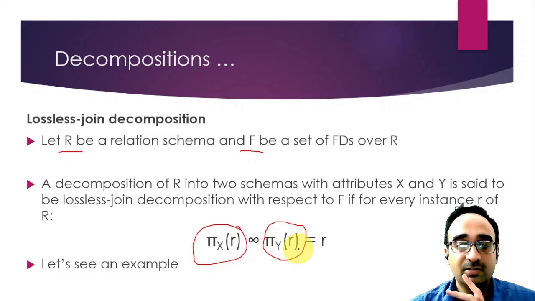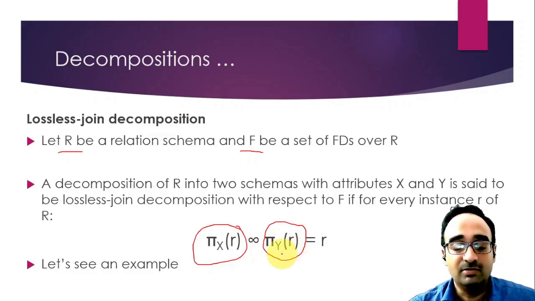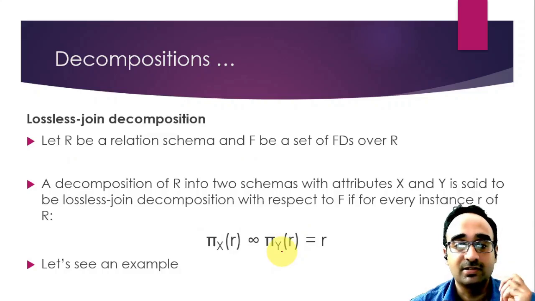Now whenever you divide one table into two tables and join them back, this is the join operator, so the join will look like this.